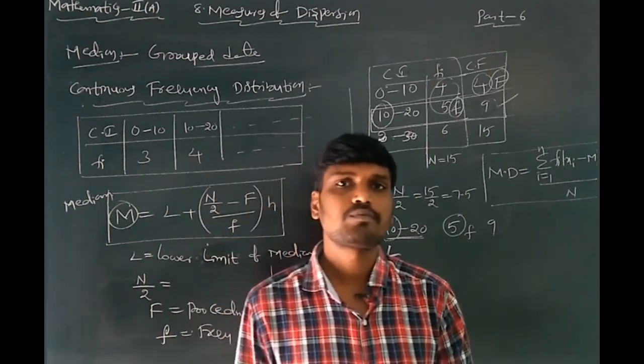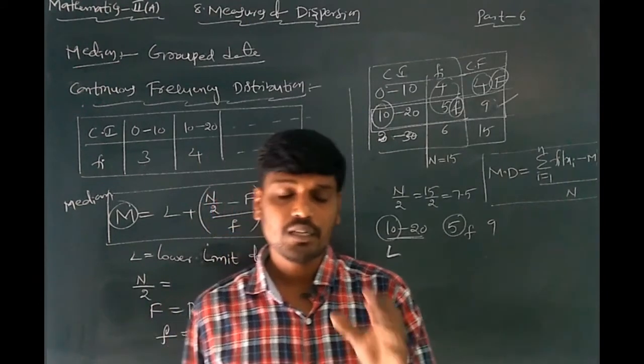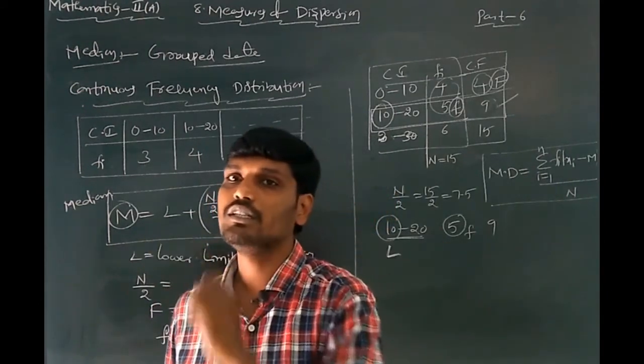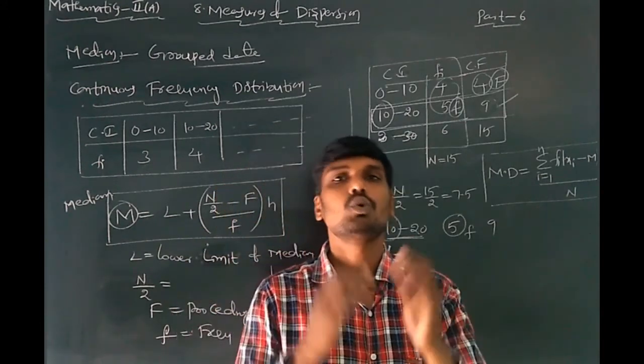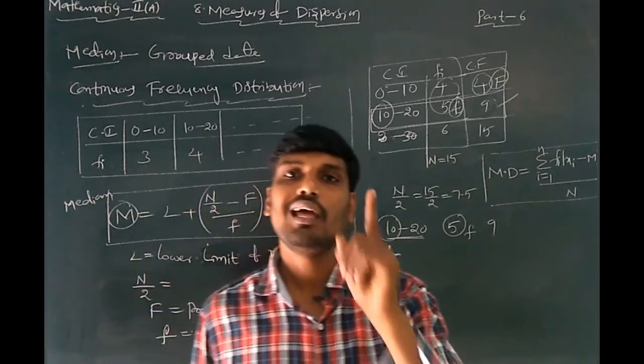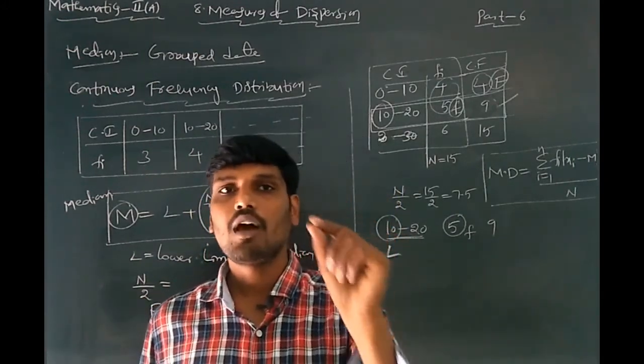See students, in the discrete frequency distribution and the continuous frequency distribution, you can easily understand these two. First learn and read the formulas perfectly, and write the formulas perfectly.